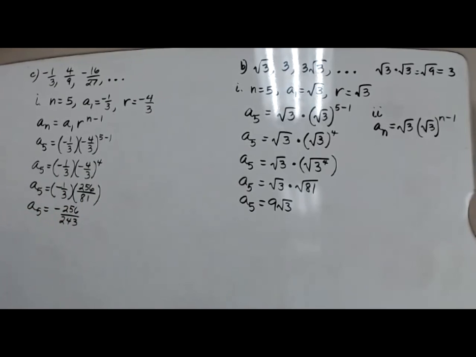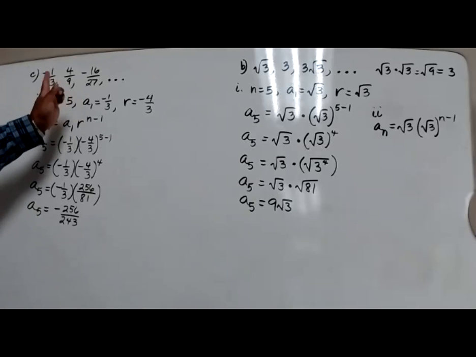So it's pretty much the same answer as in part A, but the only difference here is that the fifth term would be negative. And that would make sense because first term is negative, second term is positive, third term is negative, the fourth term would be positive, and the fifth term should be negative.